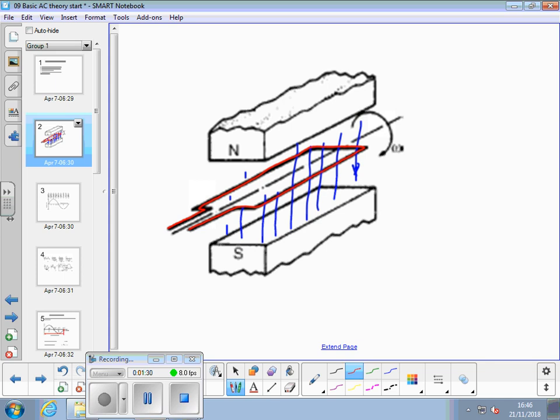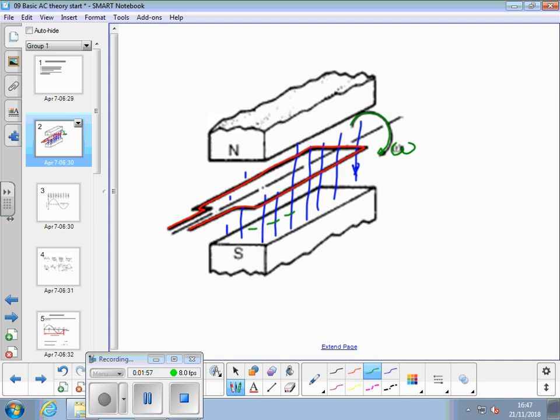And if we rotate that at an angular velocity omega, as the copper conductor cuts across these lines of magnetic force, it induces a current in the coil.